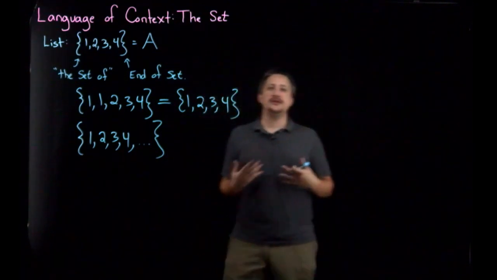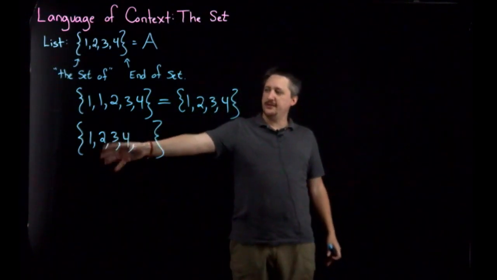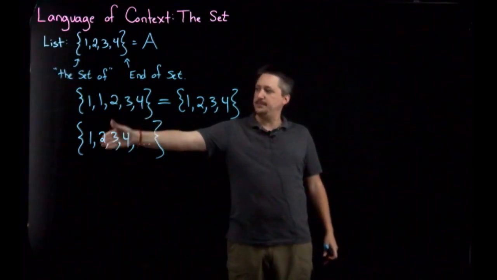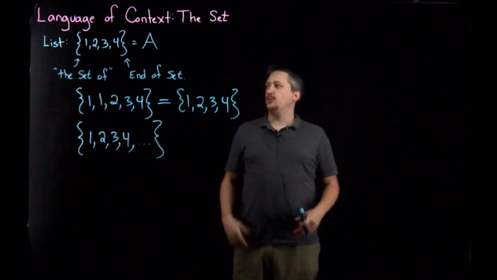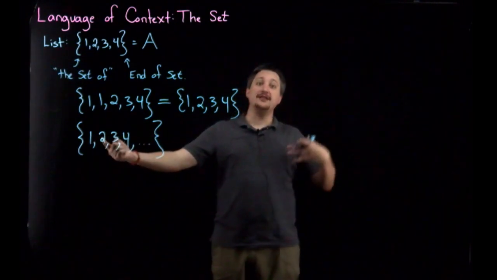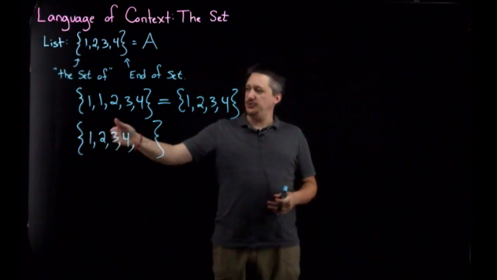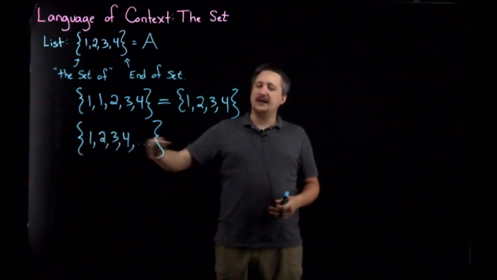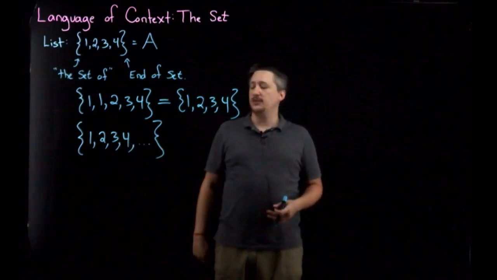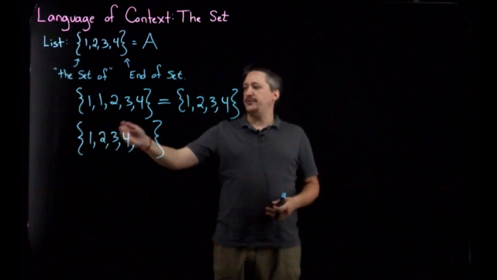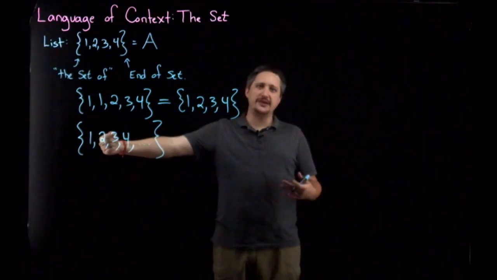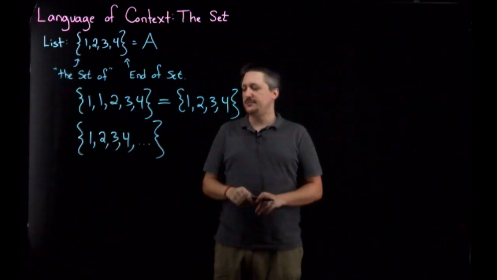The key here, though, is you need enough pieces in the set, where each of these entries we call an element of the set. So you need enough elements, 1, 2, 3, and 4, where you've established whatever the pattern is. Here, I am clearly adding 1 each time.